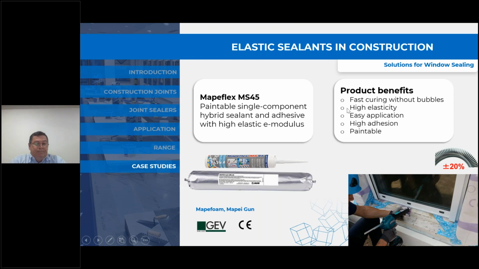The new products, the MS45 and the MS Crystal, are also bubble free. They're high elasticity. They have excellent adhesion to even damp substrates. And the ease of application and the high adhesion make them very suitable for connection joints around windows that are often painted afterwards.